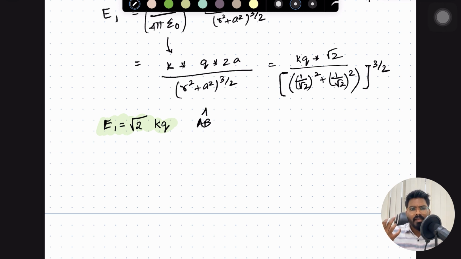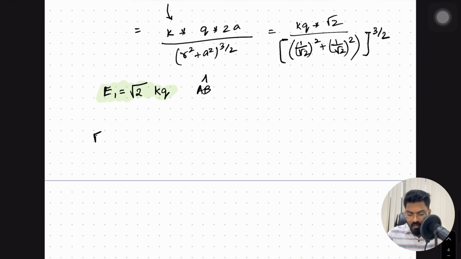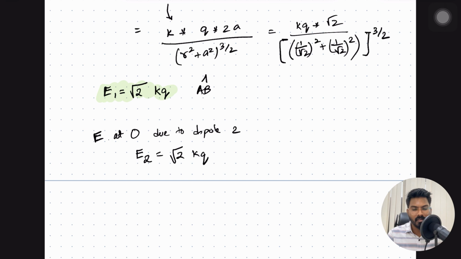Now this entire setup is symmetrical. Now if I had to calculate the electric field at O due to dipole 2, I will write it as E2. That is equal to the same magnitude. There is no difference. It's the completely same output we will get.